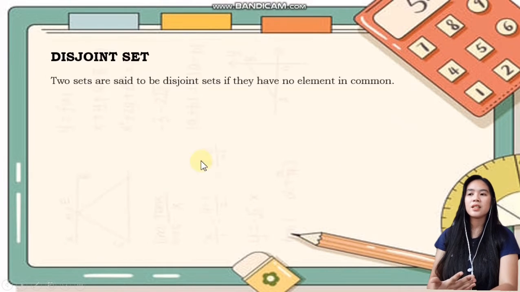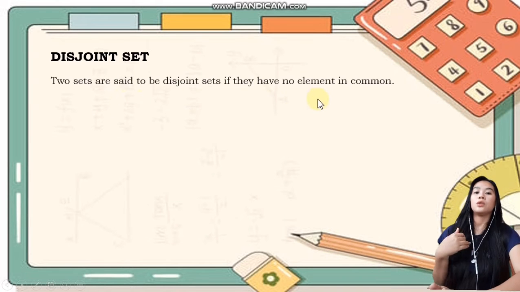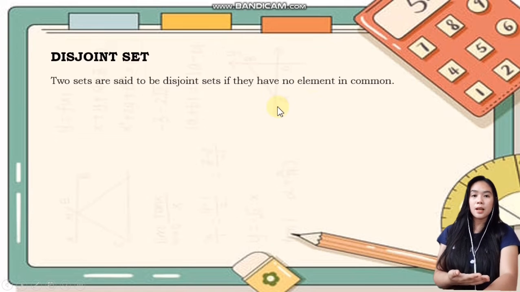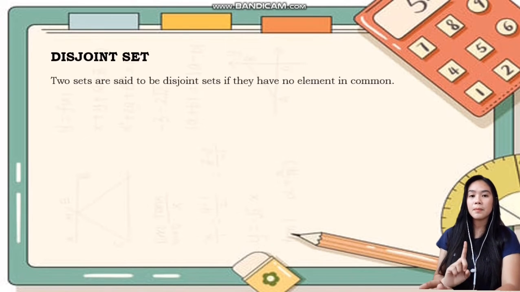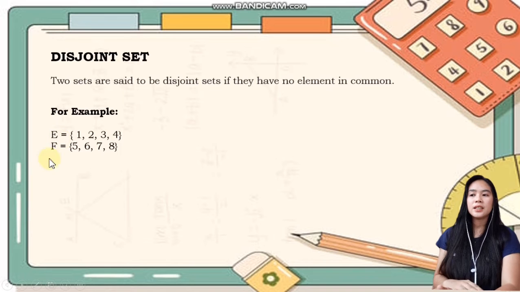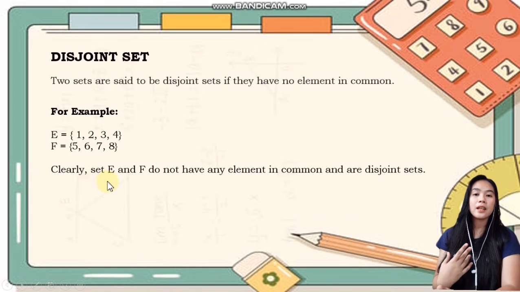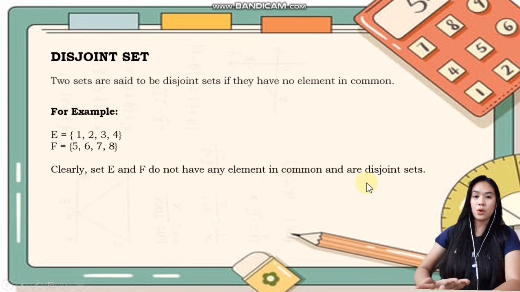So, another one is disjoint set. Two sets are said to be disjoint if they have no elements in common. So, masasabi natin na disjoint set ang dalawang set kapag wala ni isang element na magkatulad. For example, set E is equals to 1, 2, 3, 4 and set F is equals to 5, 6, 7, 8. Clearly, sets E and F do not have elements in common and are disjoint sets.